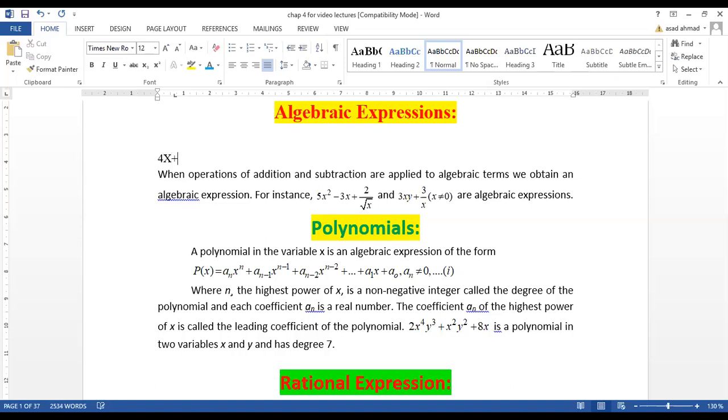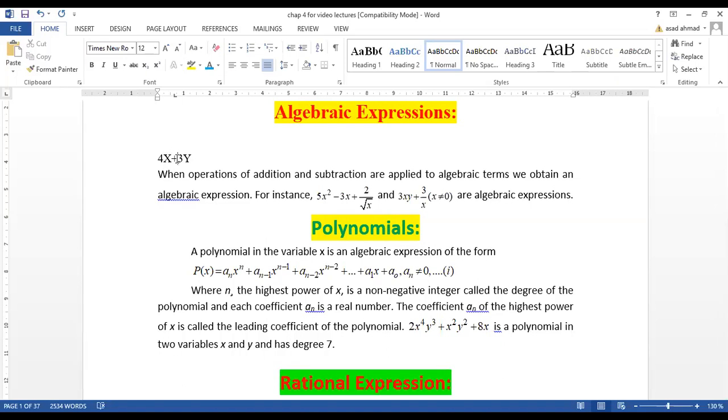4x plus 3y, it is the simple expression in which 4 is called constant, 3 is called constant, and x and y are called variables. So when variables and constants are connected with some operator. Operators are like plus, minus, division, multiplication.